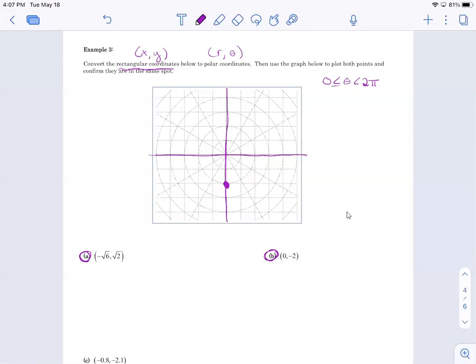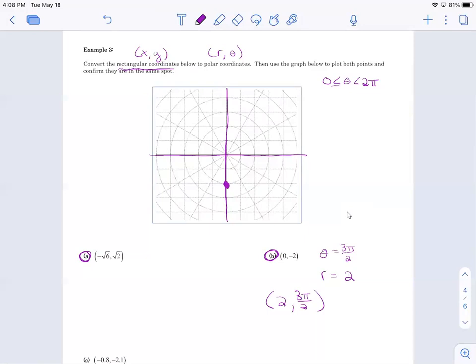I'll go more into that in a couple of videos, but I know that angle. That angle is just 3 pi over 2. And you know your R. It's just the distance from your origin or the pole. So it's just going to be 2. So my coordinate is 2, 3 pi over 2. I don't have to do any work on those.